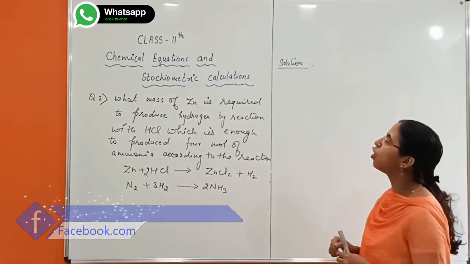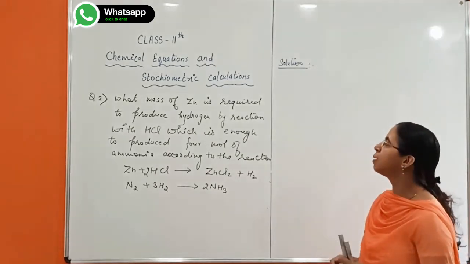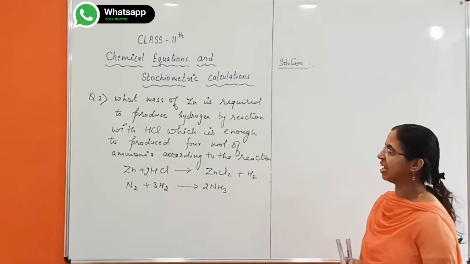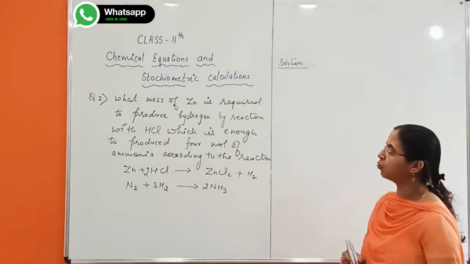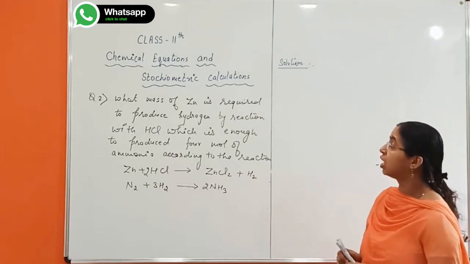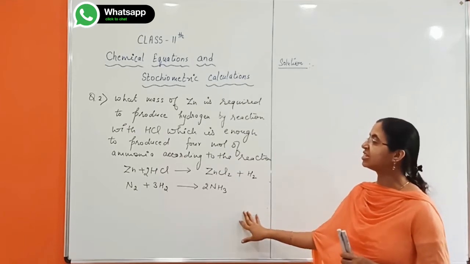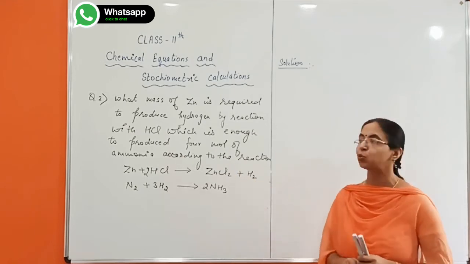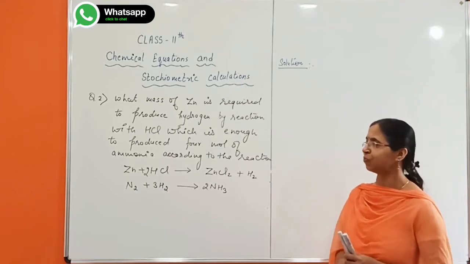Now the next chemical equation. What mass of zinc is required to produce hydrogen by reaction with HCl, which is enough to produce 4 mole of ammonia according to the reaction. Now here two reactions are used. First is that zinc is getting reacted with HCl to produce ZnCl2 and hydrogen.